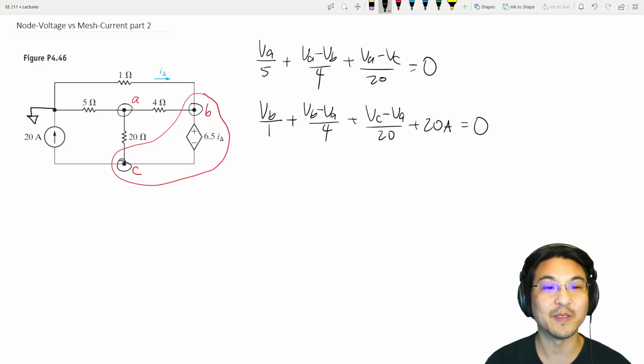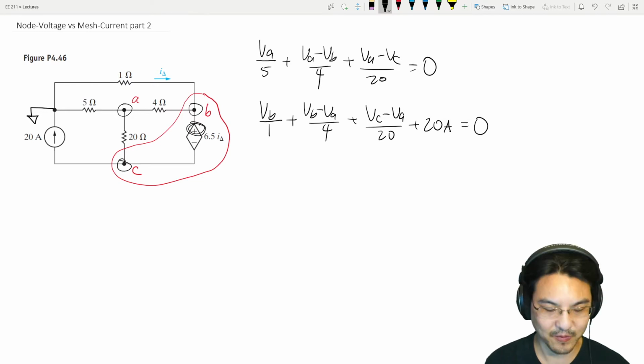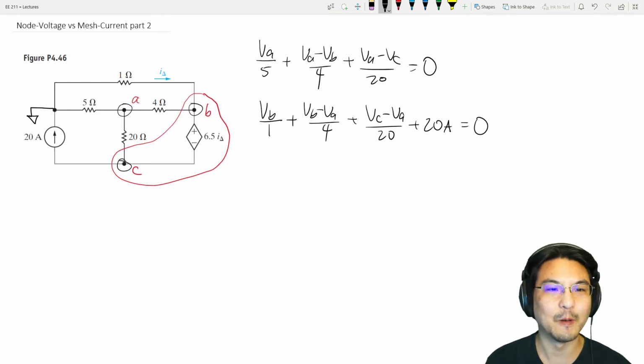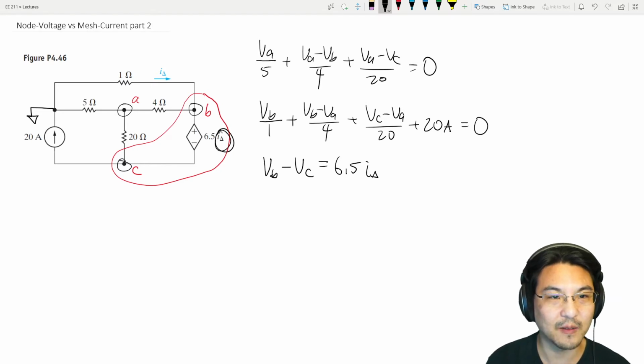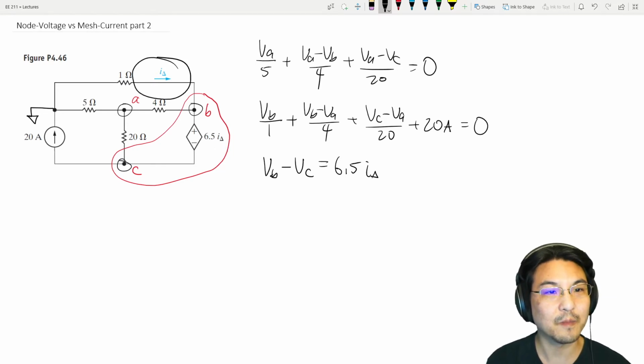Now we need the relationship between VB and VC. Which is more? Look for the plus sign over here. So definitely this side of the voltage source is more. VB is more than VC by this much. Now we just need an expression for this current, which is right here.